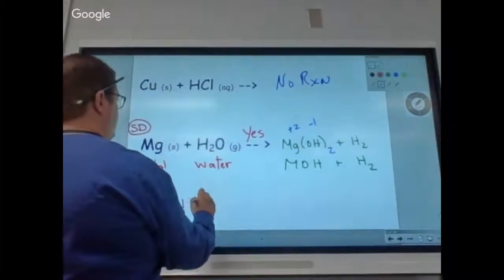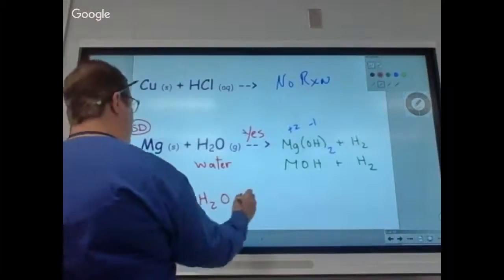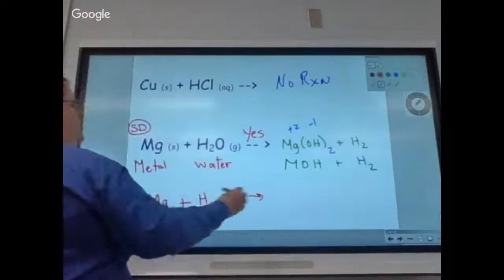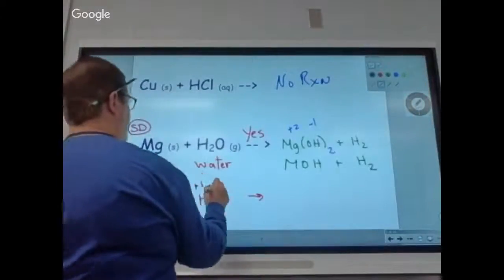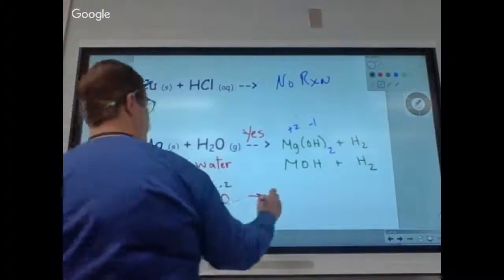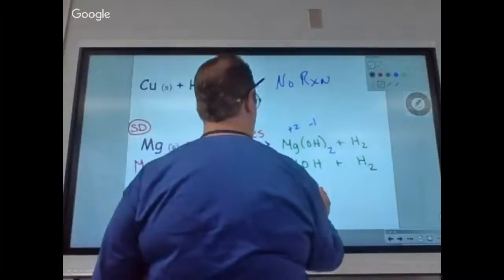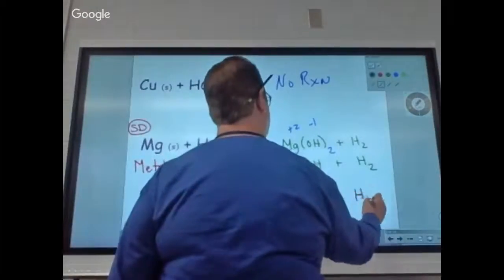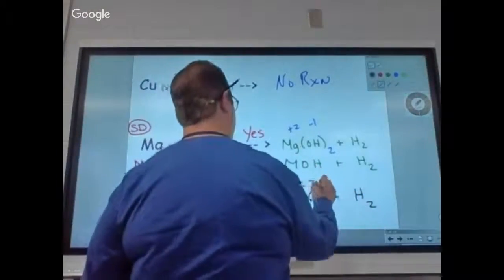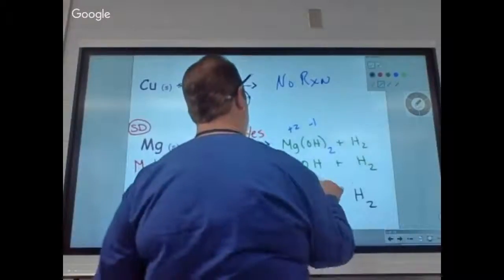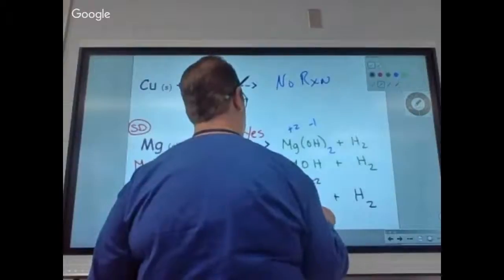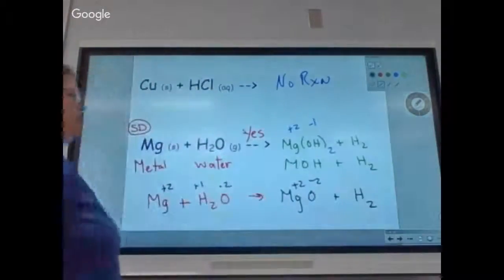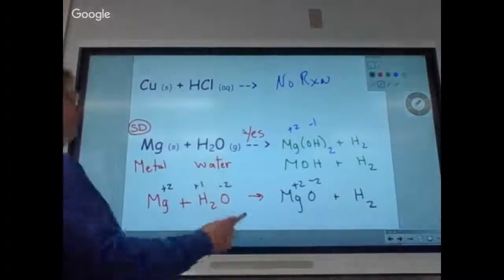Mg plus water. People look at it and they go, oh yeah, single displacement. They say +2, +1, -2. I'm switching. I got Mg, I got O, I got H. It's diatomic. +2, -1. Bring my 2 down. I cancel. I got it. See a problem? What's wrong with it?